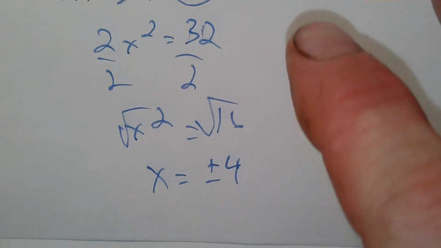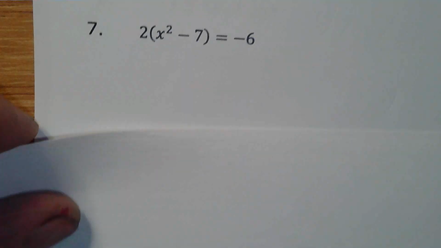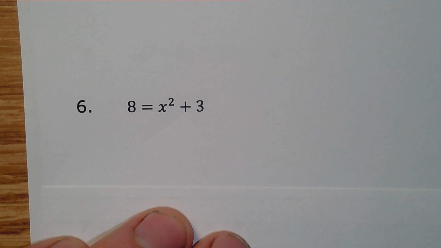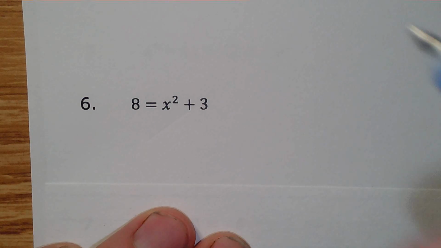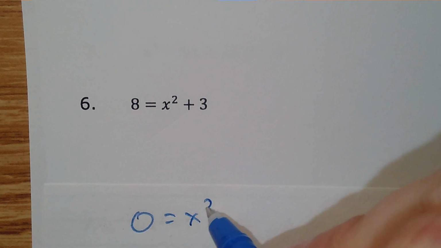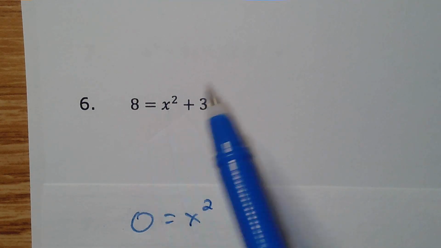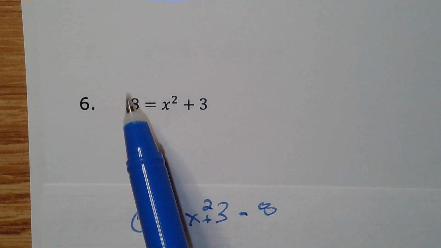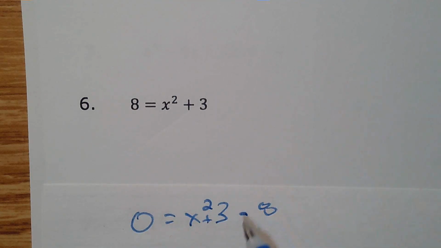Okay, moving on to another one. Here I have 8 equals x squared plus 3. Well, this could be written as 0 equals x squared plus 3 minus 8, because the 8 is on the other side. So that's x squared minus 5.